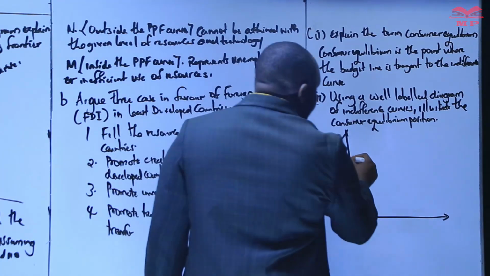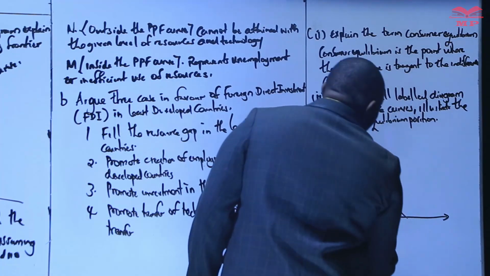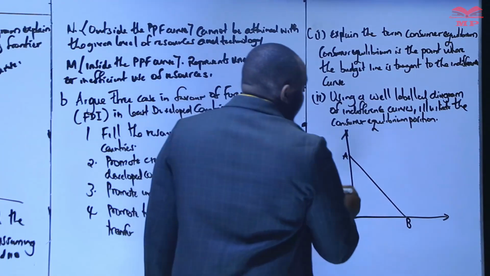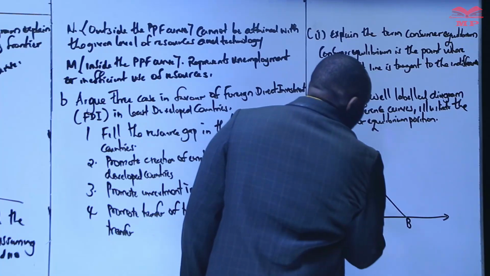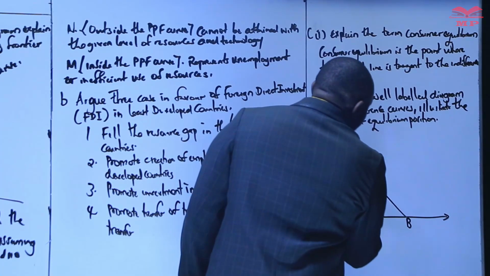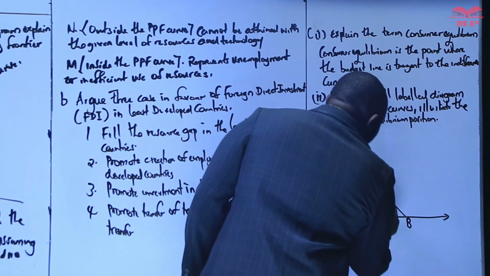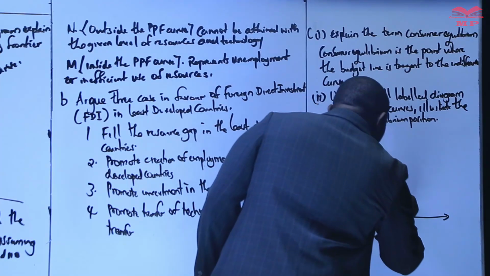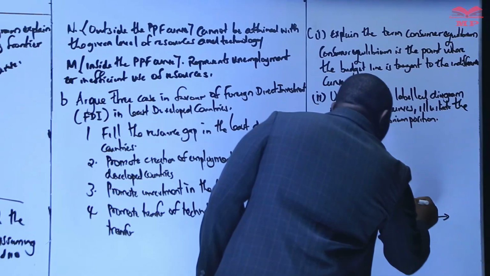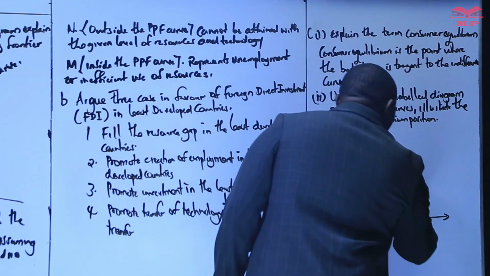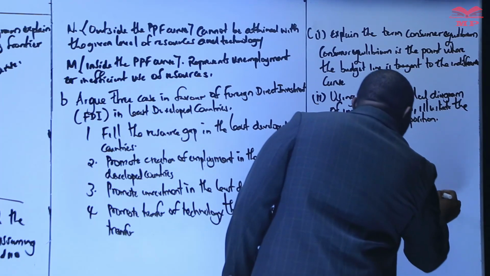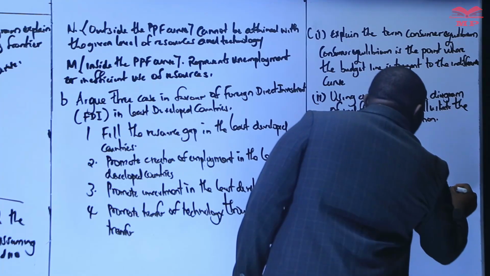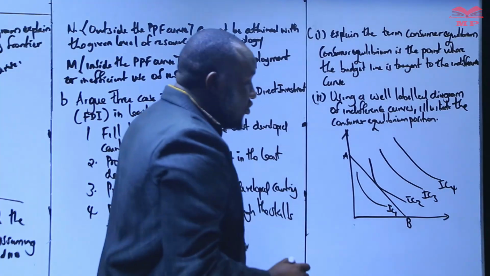First of all, the budget line: we call this A, and we call that B. We have indifference curve 1, that is IC1, indifference curve 2, IC2, indifference curve 3, IC3, and indifference curve 4, IC4.